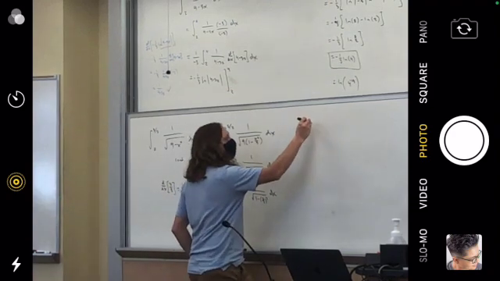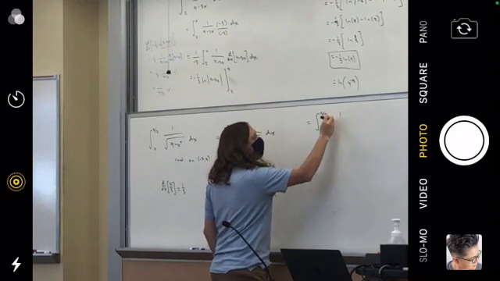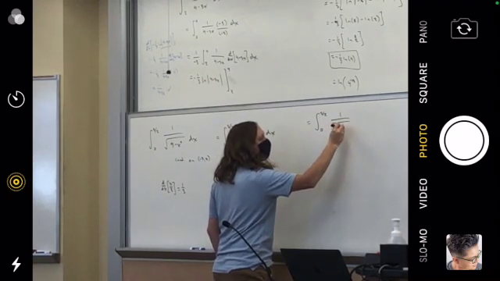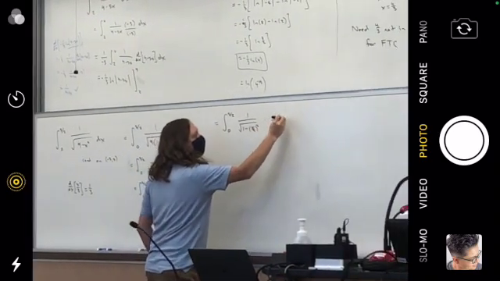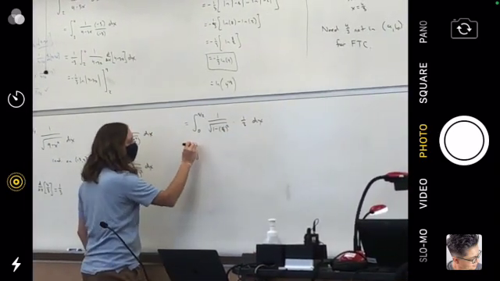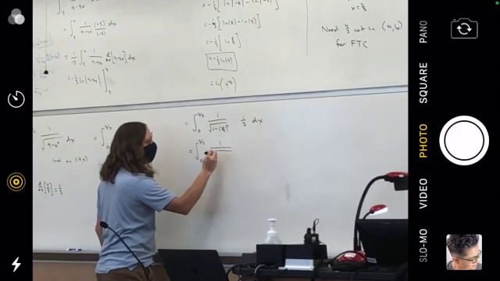So what I would say is make this the integral from 0 to 3 halves of this. And the reason I do that is so I can rewrite it as exactly a chain rule.